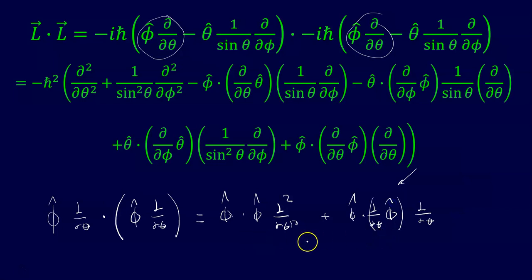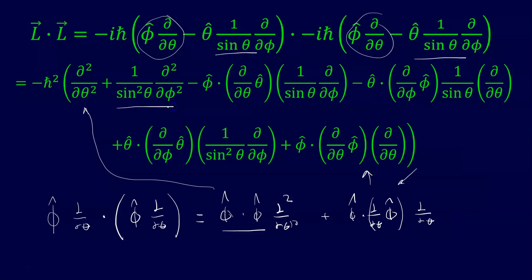Let me write this a little more clearly. If you look at these two pieces, these are unit vectors, so this term would be over here, and then this term is phi hat dotted with the derivative with respect to theta of phi hat. Now, if I take this term dotted with this term, it'll be a similar picture.